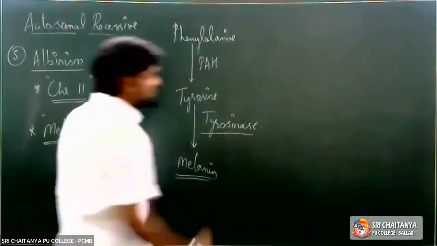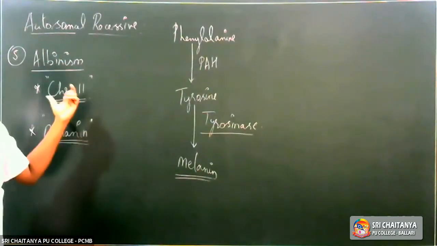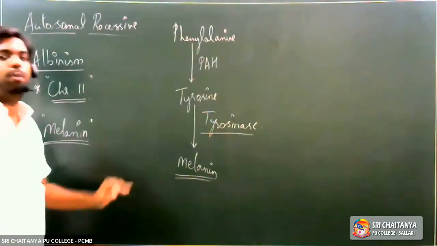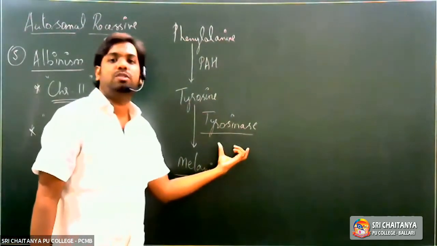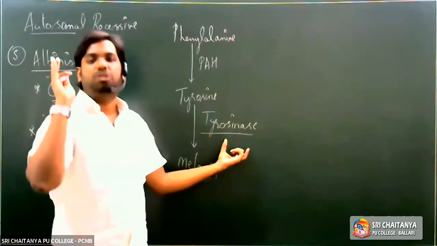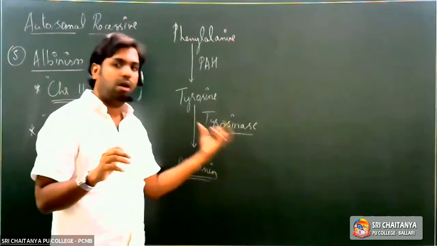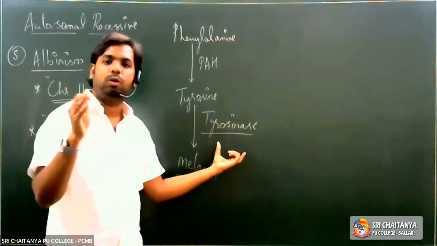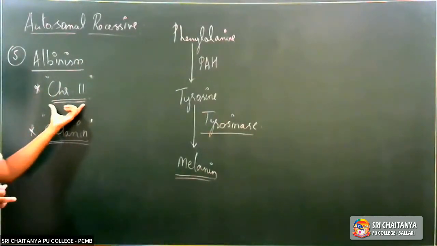in the presence of the enzyme tyrosinase. Now what happens in this condition, albinism, is the gene responsible for synthesis of this enzyme, tyrosinase, is mutated. Getting it? The gene responsible for the synthesis of tyrosinase is mutated, and that gene is located on chromosome number 11.